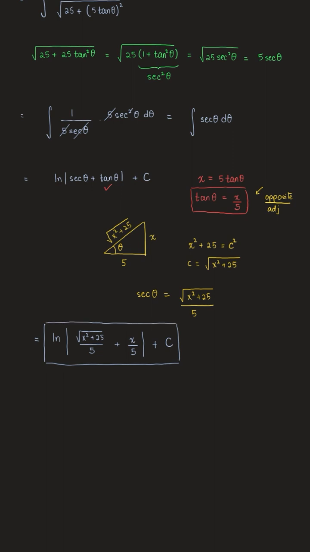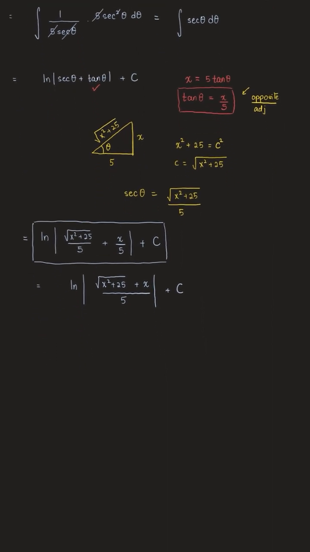We could also write this as the natural log. We can combine the fractions in the absolute value, to have in the numerator the square root of x squared plus 25 plus x, all of this divided by 5, plus c. And we do have a property of logarithms that tells us that the natural log of a quotient, I'll write it here on the side, we know that the natural log of x over y is the same as the natural log of x minus the natural log of y.